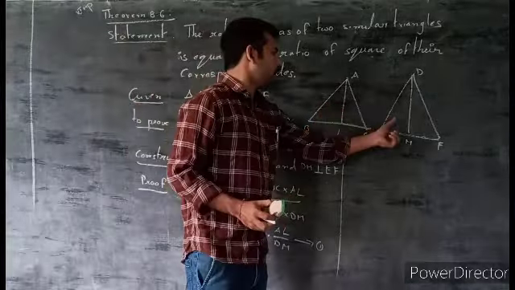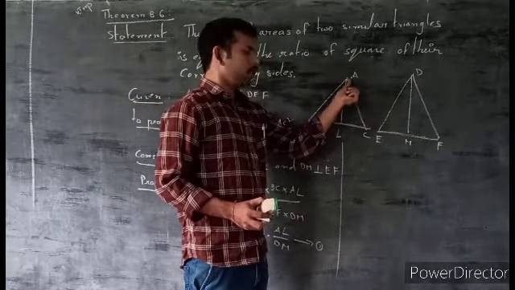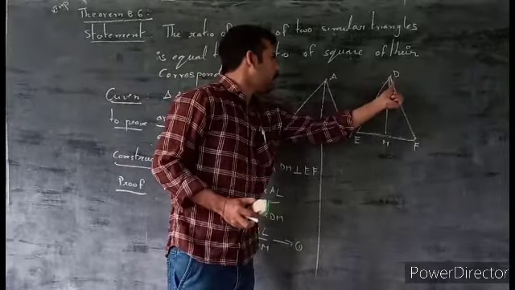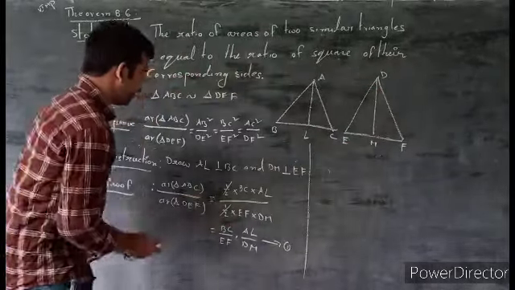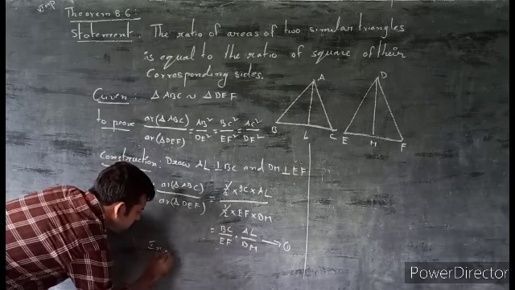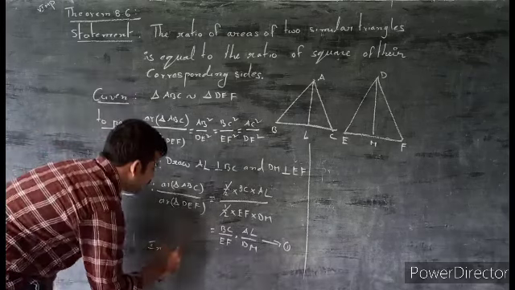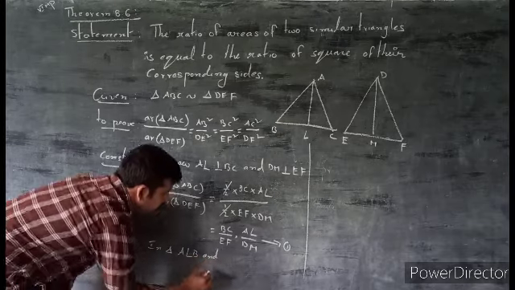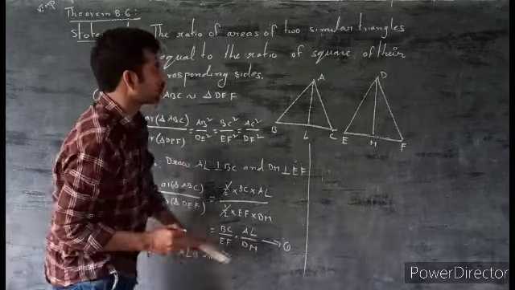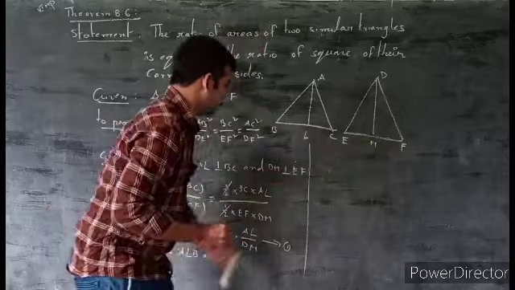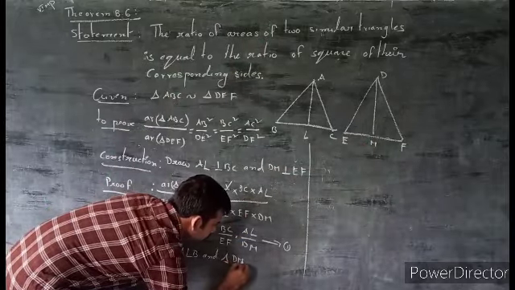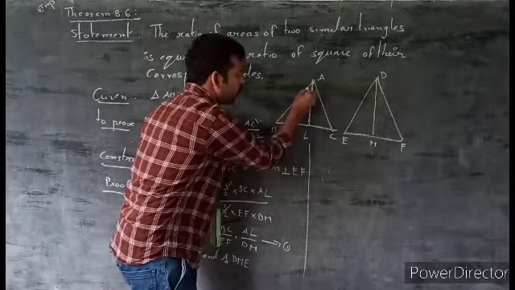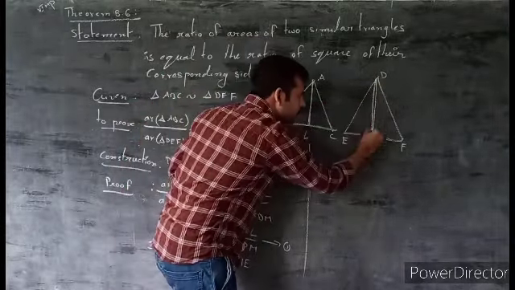Next, here two triangles are given: right angle triangle ALB and right angle triangle DME. These two right angle triangles are similar. Here two properties are there.